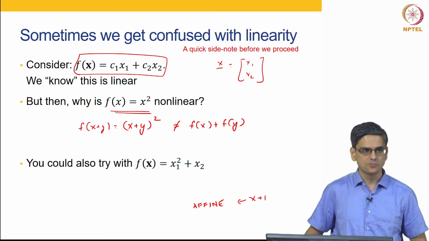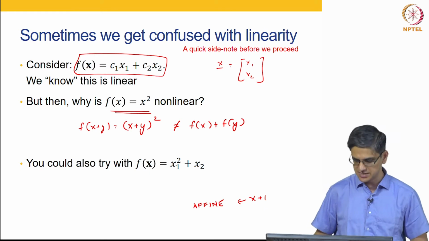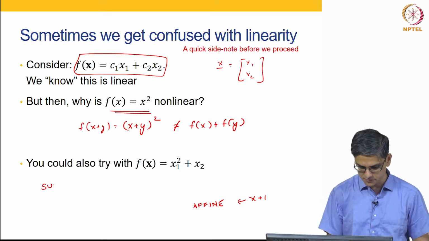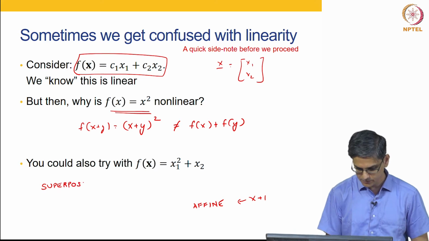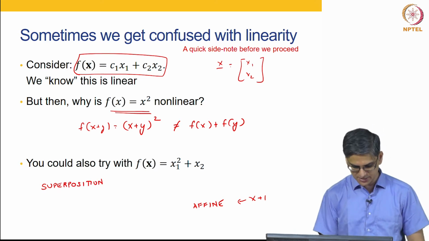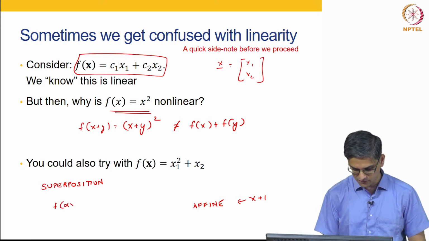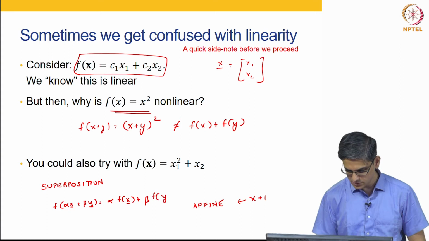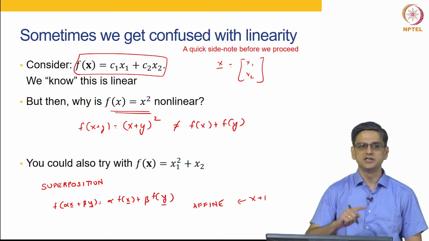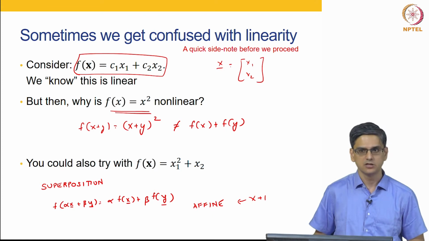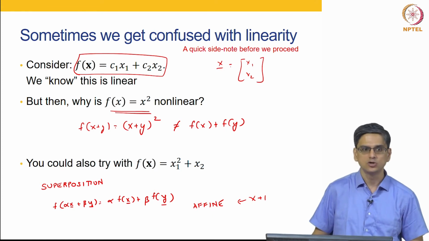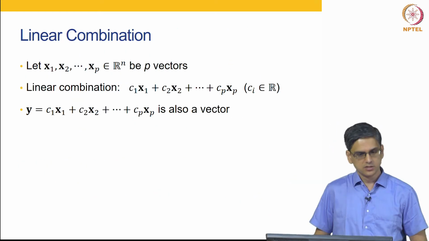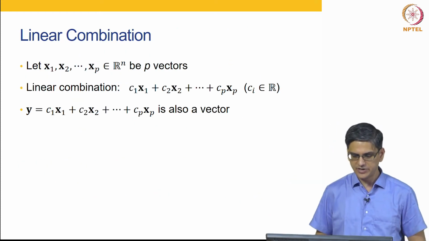And one of the most important properties that this leads you to is something that I talked about in the last 2 minutes of yesterday's lecture, and that is the principle of superposition, which basically just means f of (alpha x bar plus beta y bar) is alpha times f of x bar plus beta times f of y bar. And we did this in terms of the step response model in yesterday's class. Okay. You could do that because those were linear models. So, the linear combination, again we had covered this.